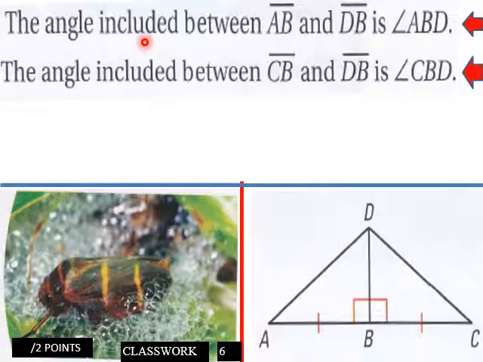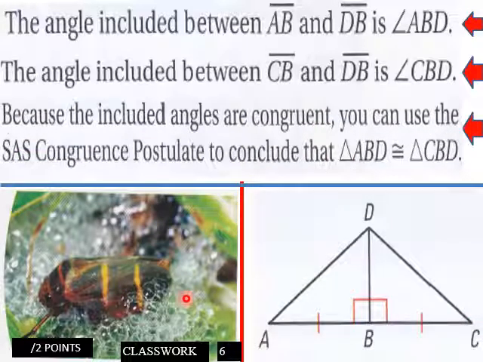So knowing that, the angle included between AB and DB is angle ABD, and the angle included between CB and DB is angle CBD. So we have a classic side angle side thing going on here. And because of that, triangle ABD is congruent to triangle CBD.